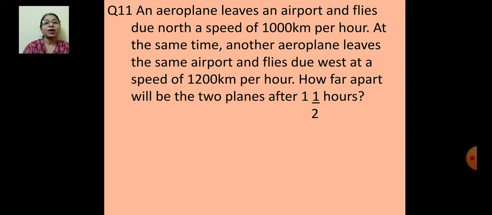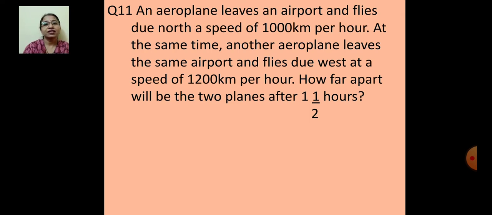How far apart will the two planes be after 1.5 hours? Right. So children, this 1000 km and 1200 km per hour, these are speeds, not the distances. Most of the time children consider these values as distances and they make a mistake here.